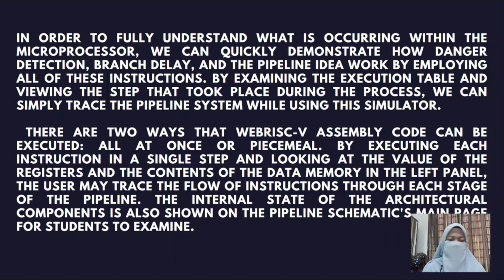By executing each instruction in a single step and looking at the value of the registers and the contents of the data memory in the left panel, the user may trace the flow of instructions through each stage of the pipeline. The internal state of the architectural components is also shown on the pipeline schematic main page for students to examine. So that's all for discussion.